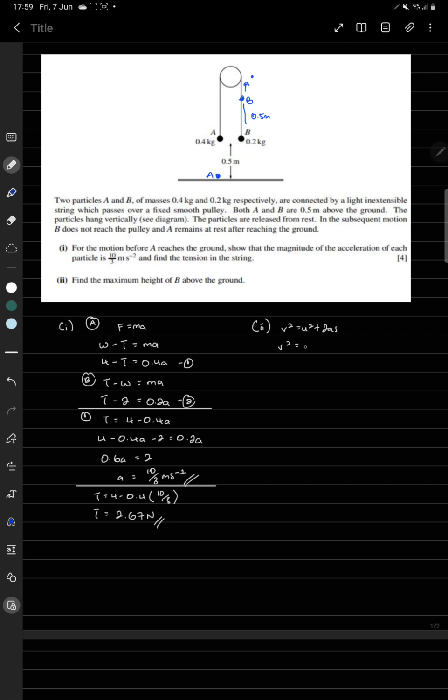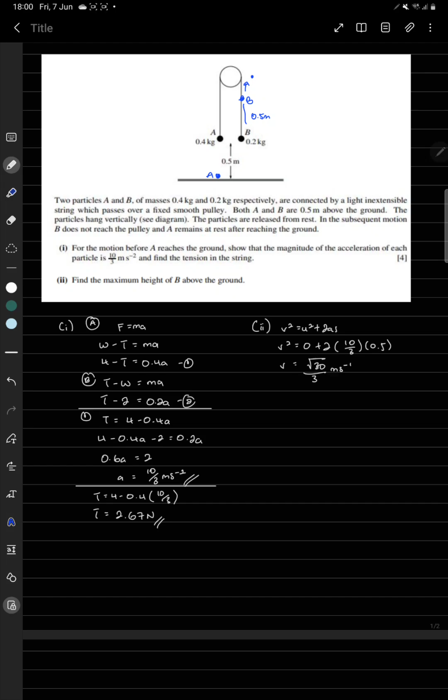Our initial velocity is 0 because it starts from rest, the acceleration is 10 over 3, and the distance traveled is 0.5 meter. So v should equal root of 30 over 3. I would leave this in exact form because I don't want to contaminate my final answer.